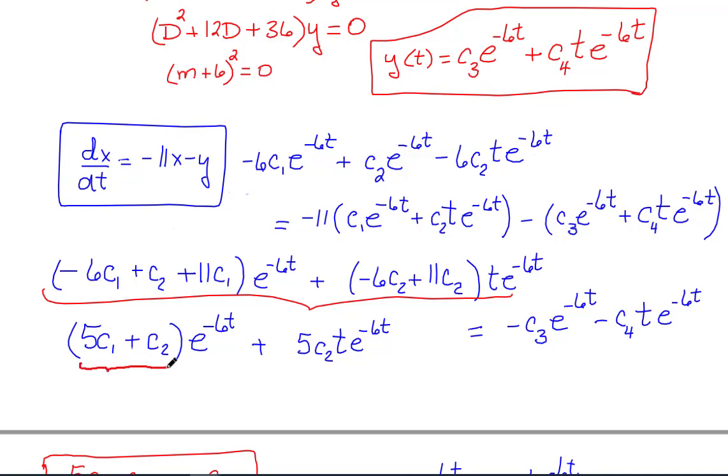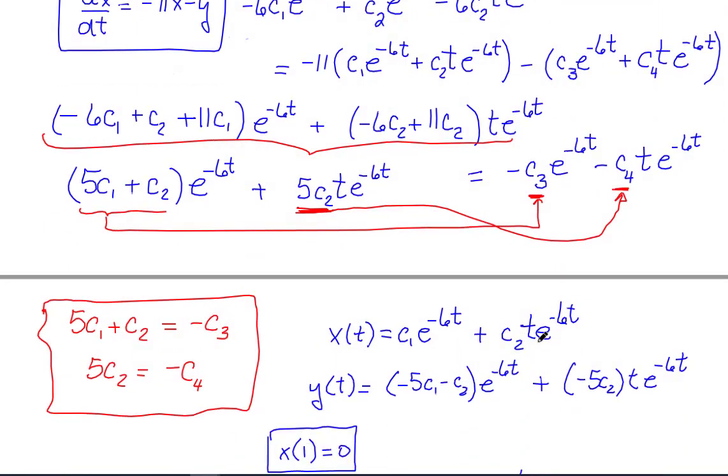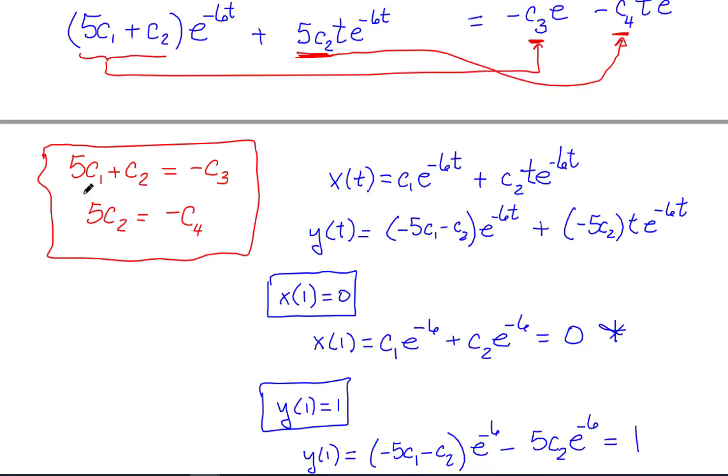And so I've got 5c1 plus c2 matches up with c3, and I've got this 5c2 to match up with this minus c4. At that point, that gives me what my solutions look like in terms of C1 and C2. So I fill that piece of information in.